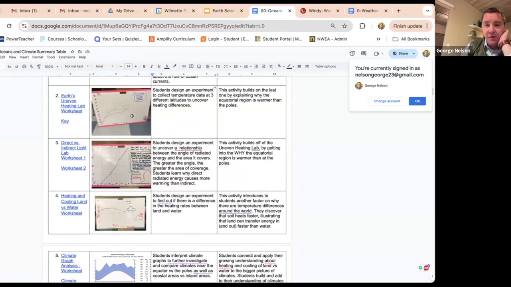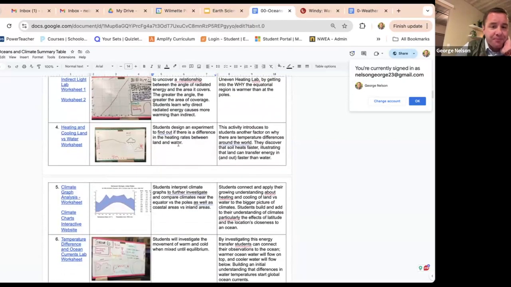After we shift to why the equator is warmer, a lot of kids, at least one or two lab groups, a quarter of the class, think the equator is warmer because it's closer to the sun. So I spend about a week on that with my junior high kids, with these two labs and a reading.